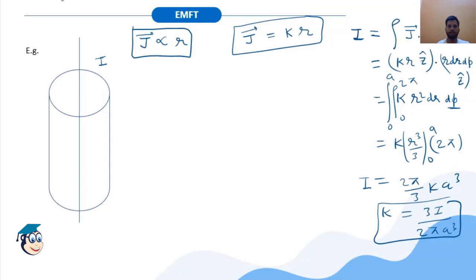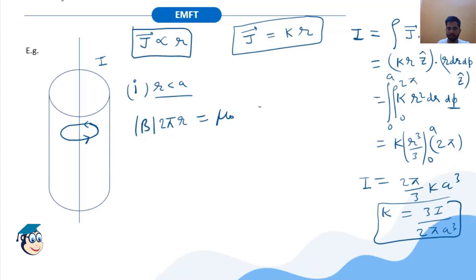Having known the value of k, we know the complete value of j vector. So again, you can calculate the magnetic field inside of the wire. For that, you have to consider the Amperian loop inside, and the first case, which is r is less than a, says that left hand side is mod B times 2 pi r, right hand side is mu naught times I. Mu naught is mu naught, I is j dA integral.